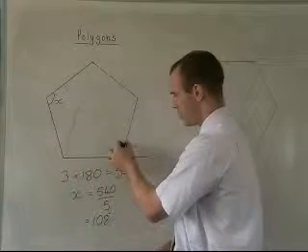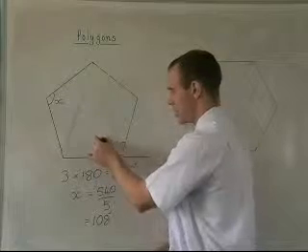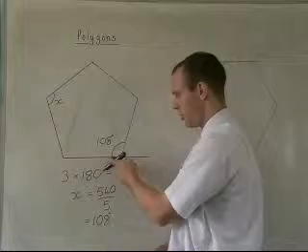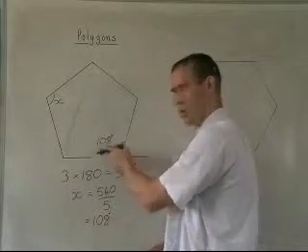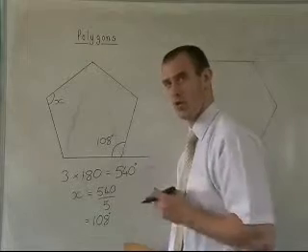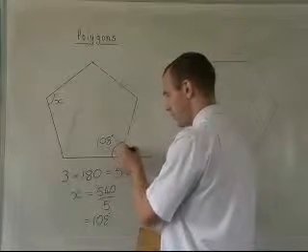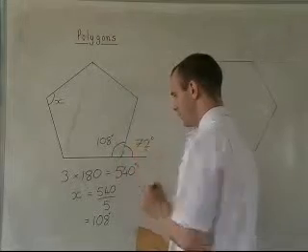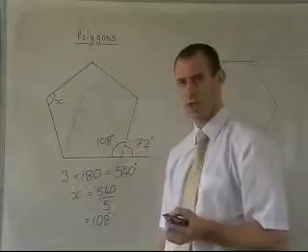So we know this angle here is 108, because they're all 108 inside. And now we just have a straight line with 108 on one side. So 180 for a straight line, take away 108, leaves us with 72 degrees. And that's the external angle.